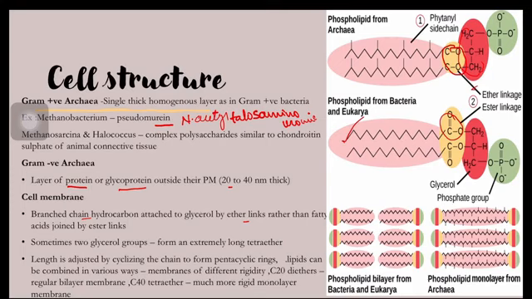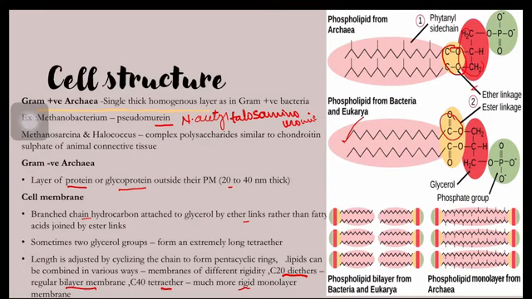Diethers are generally bilayer membranes and contain 20 carbons in length, whereas tetraethers are 40 carbons in length and form a much more rigid monolayer membrane.